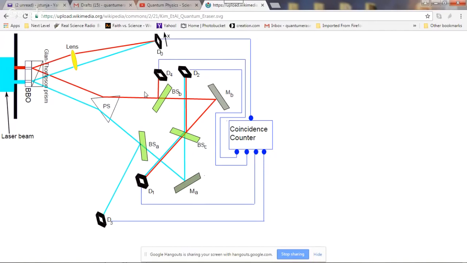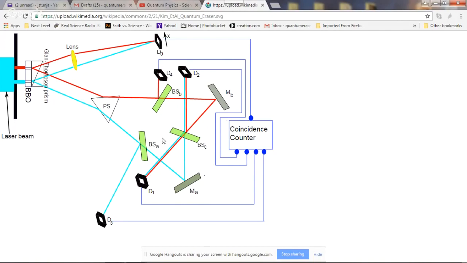Conversely, every single time D1 or D2 is hit, guess what happens? We get an interference pattern here. It's acting as if, because we don't know the path information, it went through both slits, just like the previous experiment that I went over before. And it gives an interference pattern here, and at D1.